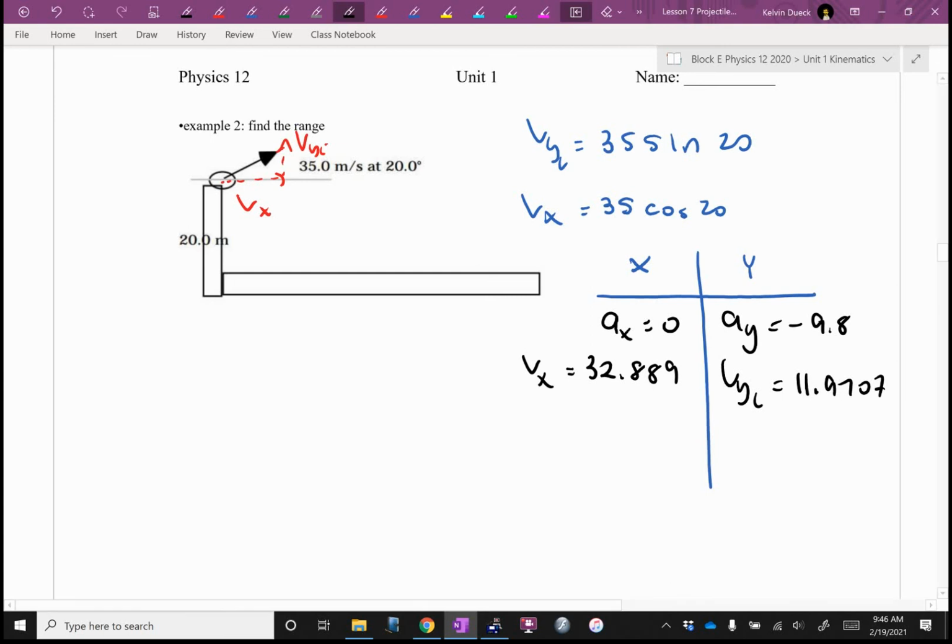What else do I know? That 20, although it's not a 20. What am I going to write? Negative 20. Yep, I'm solving this vertically.